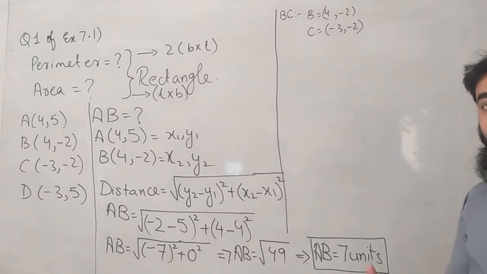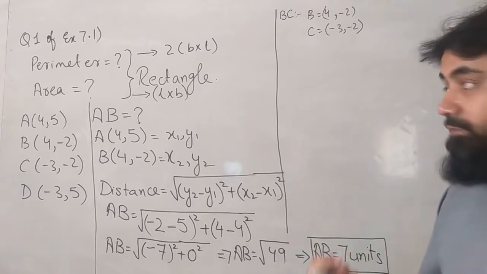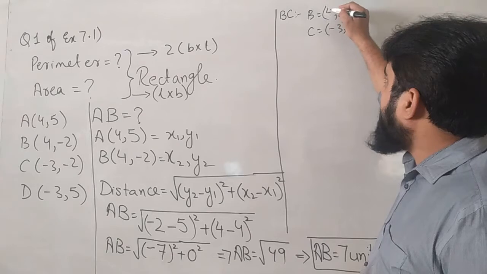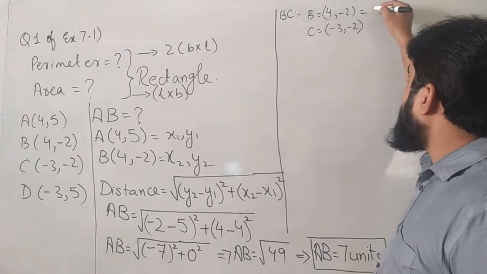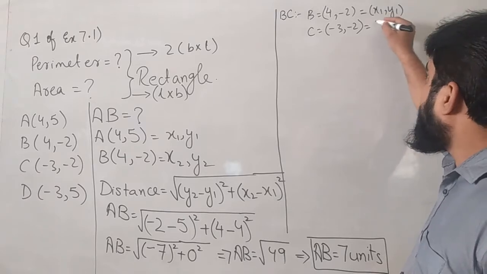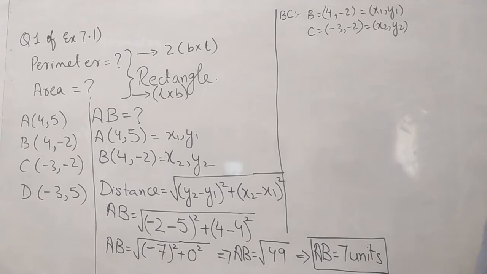Now I have to mark them as x1, y1 and x2, y2. So this will be x1 comma y1, x2 comma y2. Right? I have given them names.